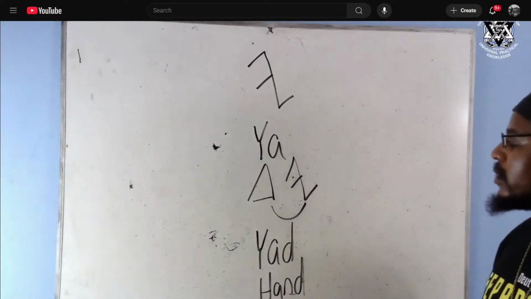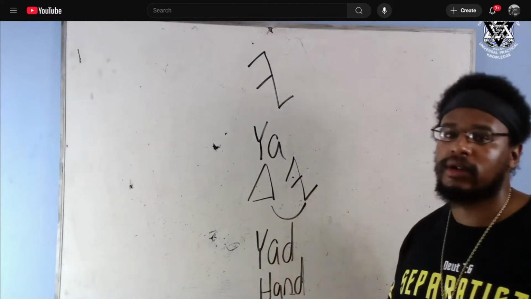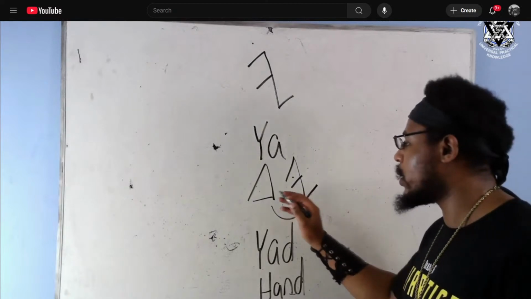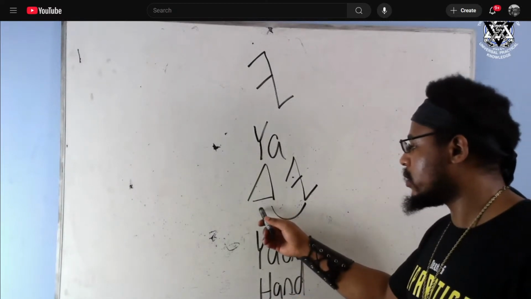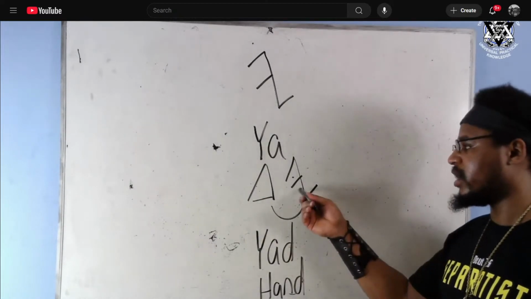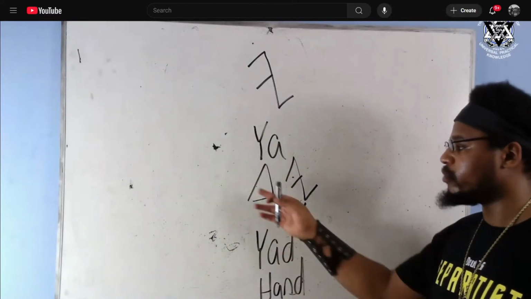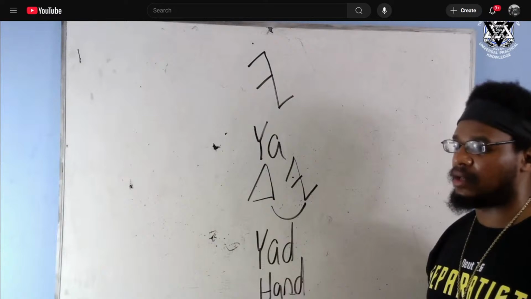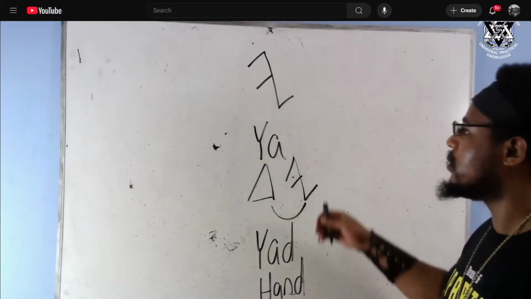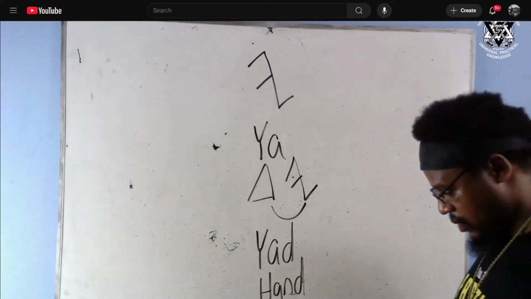It's called a connector. It connects one character to another. So when you connect one character to another, the last character's ah drops off. You see how this is a Ya and this is a Da. But we're not saying Ya-da, we're saying Ya. So we drop off the a and it becomes Ya. Ya means hand.